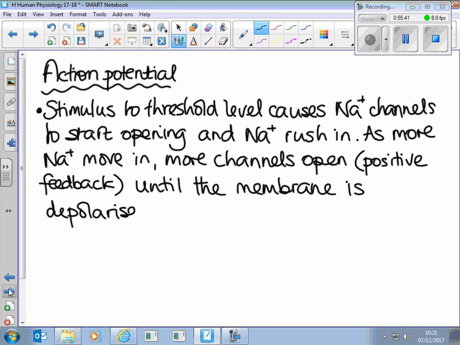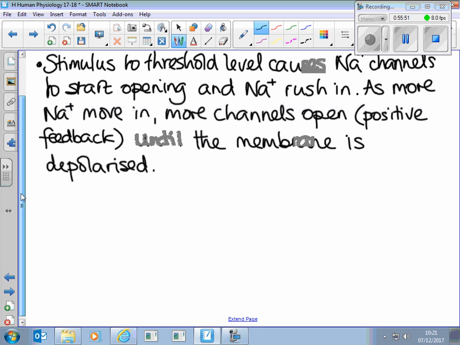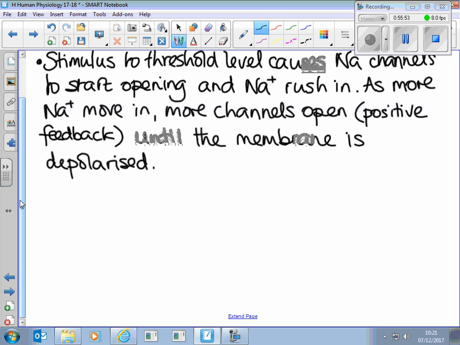And what we now do is compare the inside with the outside, and we find that the inside's positive compared to the outside. And the value you get for this does vary depending on your source of information. But I would usually say somewhere between plus 40 and plus 50 millivolts. And this is our action potential.